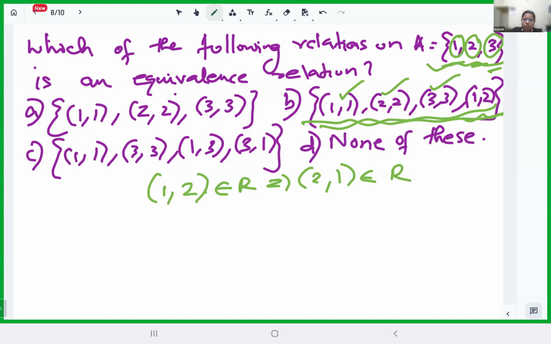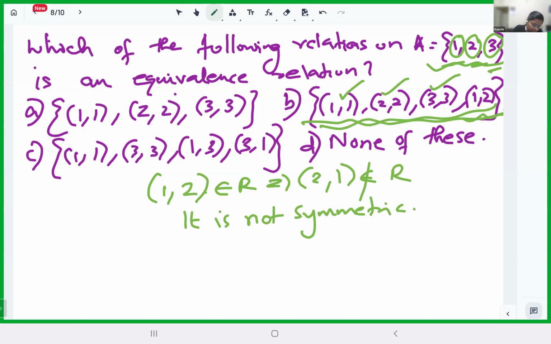So the ordered pair (2, 1) doesn't belong to R. Ordered pair (1, 2) belongs to R, but ordered pair (2, 1) doesn't belong to R. So we can say that it is not symmetric. The second option doesn't satisfy the property of a symmetric relation. Hence it is not an equivalence relation, right?